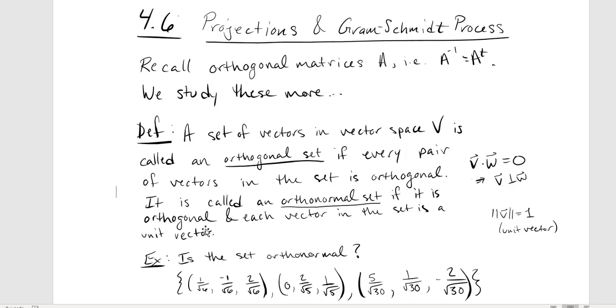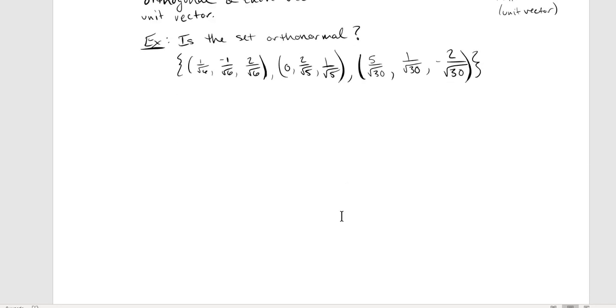So let's do a quick example here. Is this set orthonormal? Well, let's give these vectors in this set some labels. I'll call this first one V1, the second one V2, and the third one V3. To be orthonormal, we need to show that the dot product of any pair is 0, right?